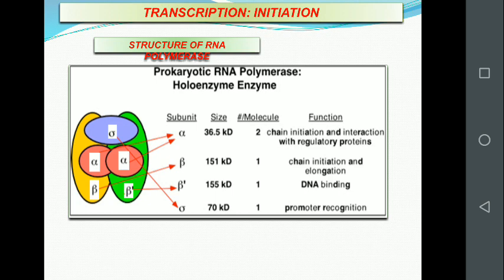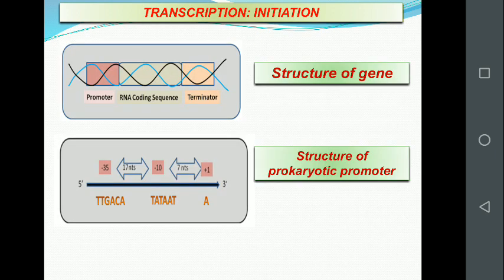The two alpha subunits are essential for chain initiation and interaction with regulatory proteins, and the beta subunit is for chain elongation. In fact, it binds the substrate. Beta prime binds the template strand, and the sigma factor recognizes the specific sequences in the promoter site, the promoter region.